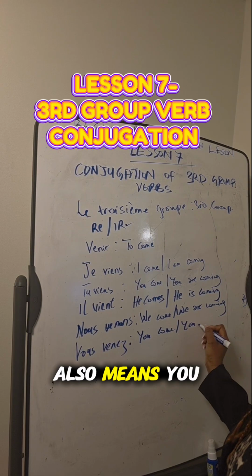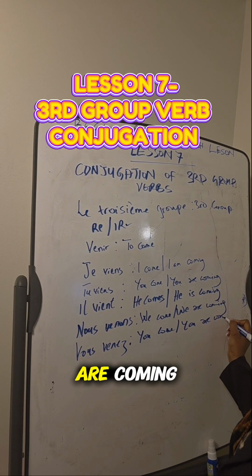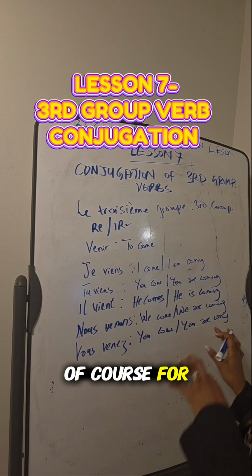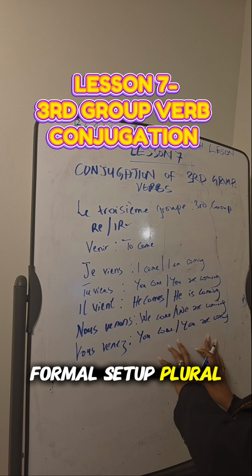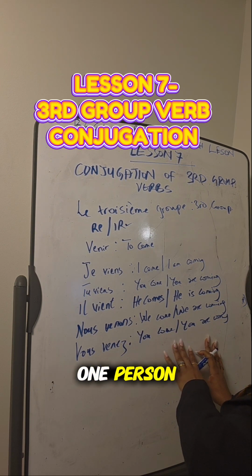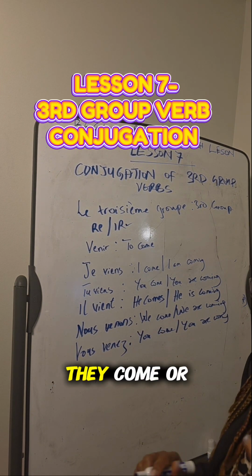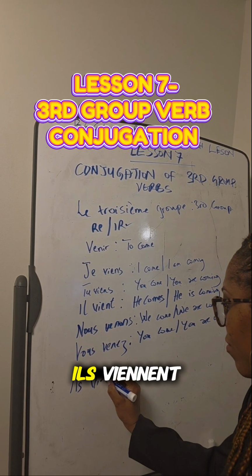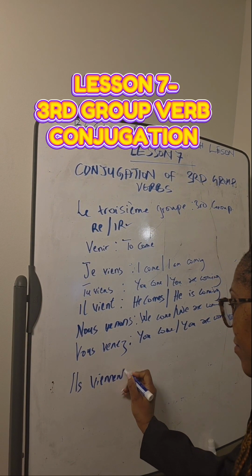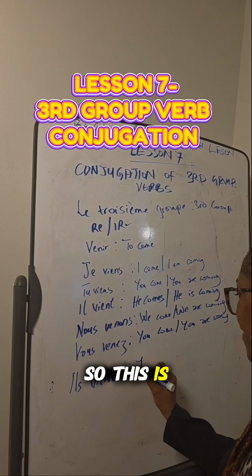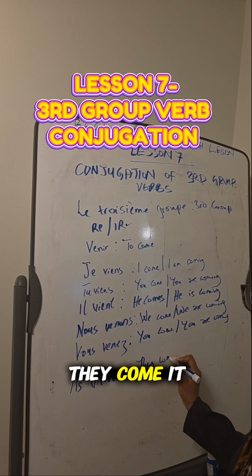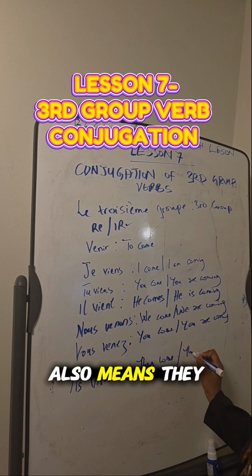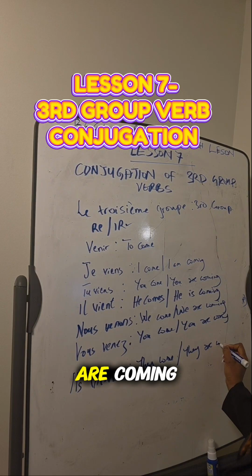It also means you are coming. Of course, for formal setup, plural, when you're talking about more than one person. And we have they come or they are coming. So they come, ils viennent. So this is they come. It also means they are coming.